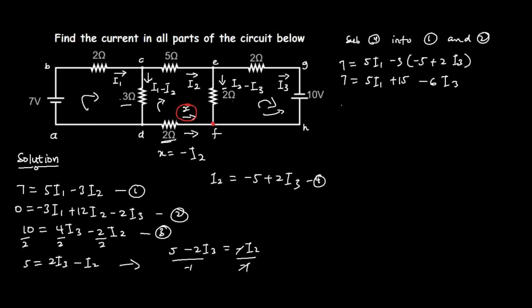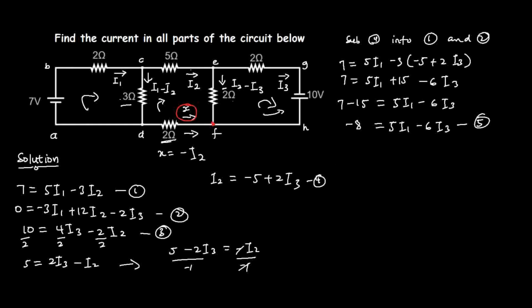Okay, so simplifying this, I'll have what? 7 minus 15 equals 5I1 minus 6I3. So this will give me what? Minus 8 equals 5I1 minus 6I3. Okay, let's name this equation 5. So now I'm going to substitute equation 4 into equation 2.